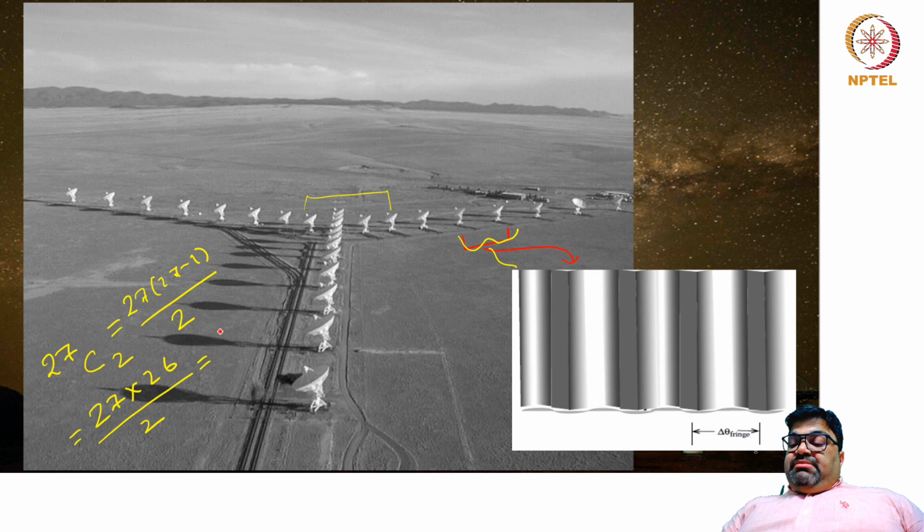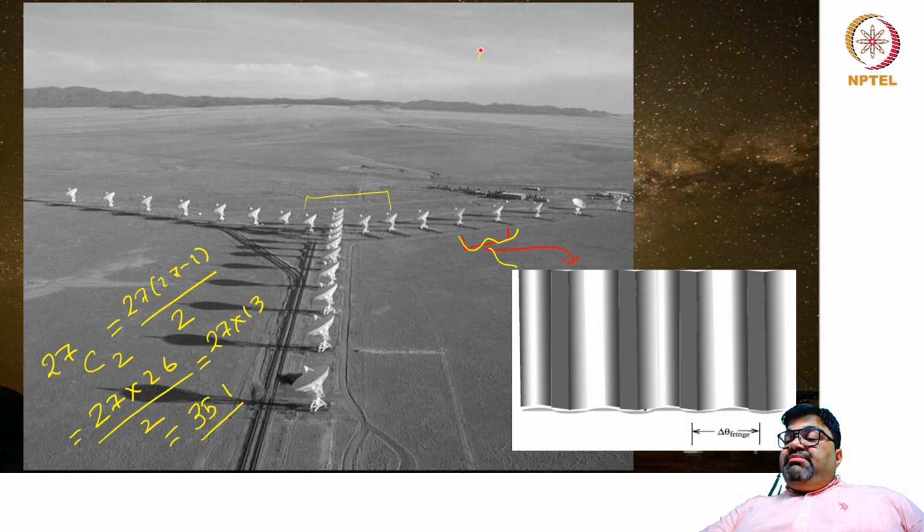This is precisely 27 into 13, which gives 351. So for all these combinations, we will get 351 fringes for a given time. And we will superpose them to reconstruct what we have for the sky. We'll talk about it in the coming lectures; it's very exciting.